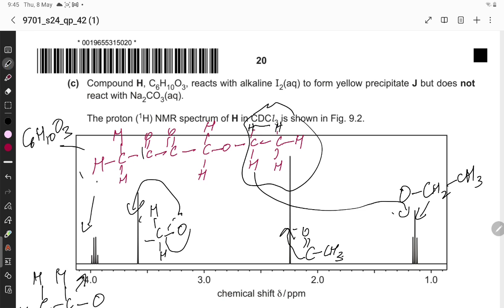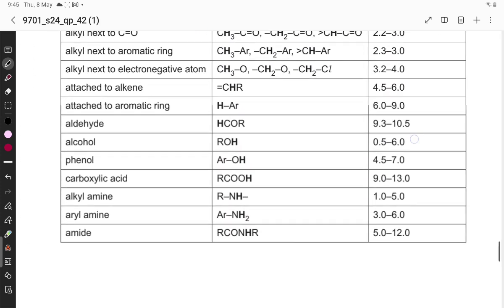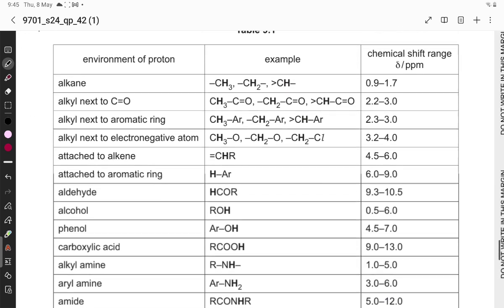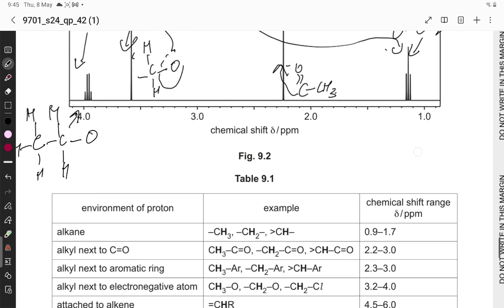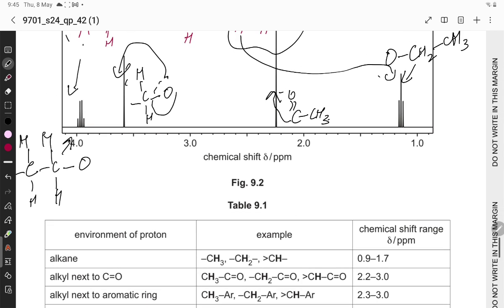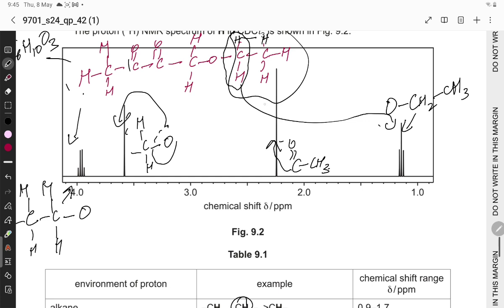This is the reference compound, and the peaks are at different points. You know that the 1.15 peak is of CH3. The triplet peak is like CH3CH2O.